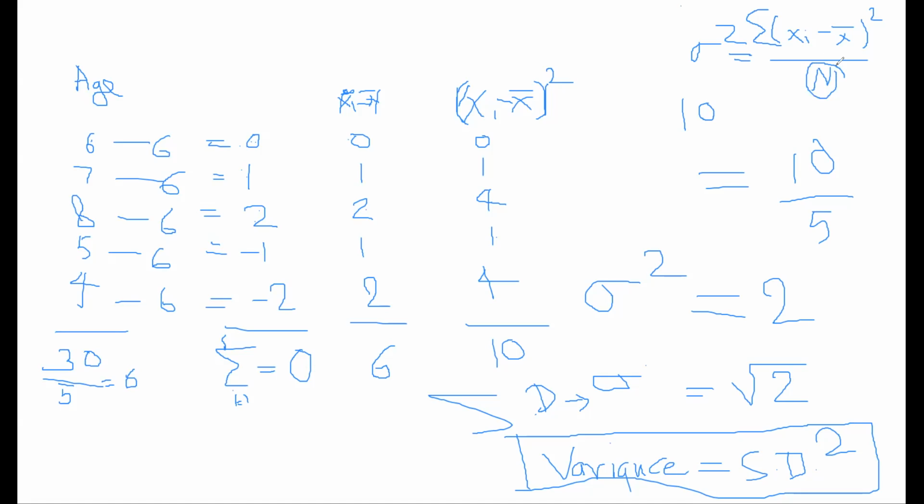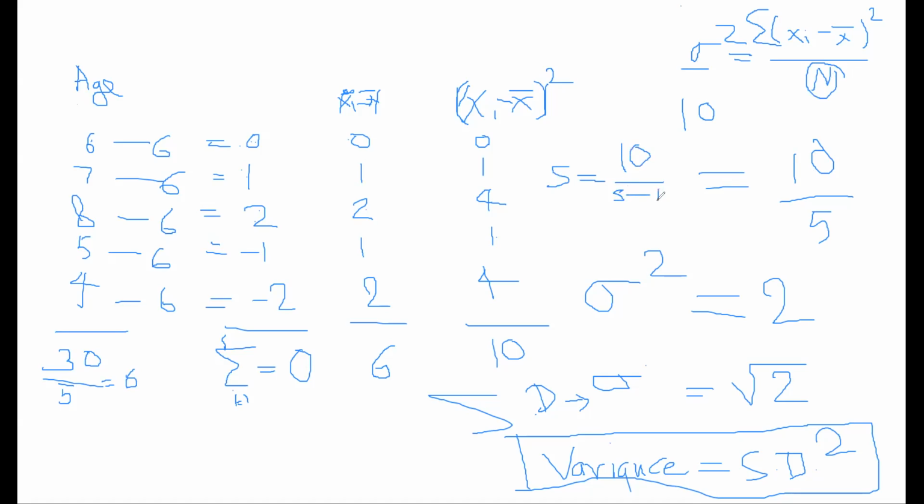Now again, I do a little bit more. This sigma square is for the population. For a sample, it is denoted by a small s, and the formula will be the same, except in the denominator comes n minus 1, meaning 5 minus 1. So I will do this 10 divided by 5 minus 1.